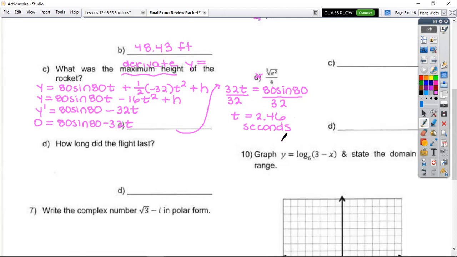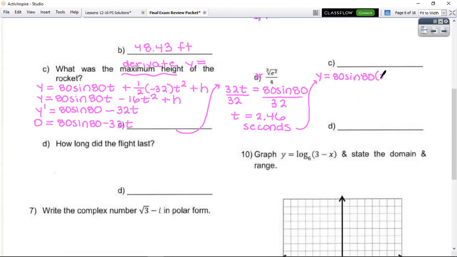So now you need to find the height. To find the height, you're going to plug back into your original y equals equation. So last but not least here, y is equal to 80 sine 80, and then t is now 2.46.